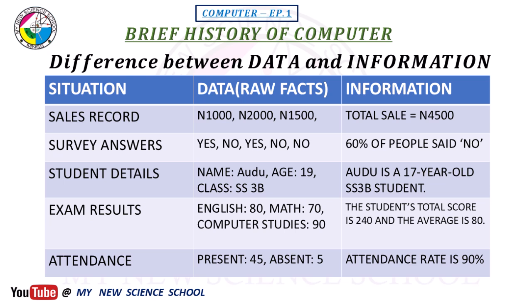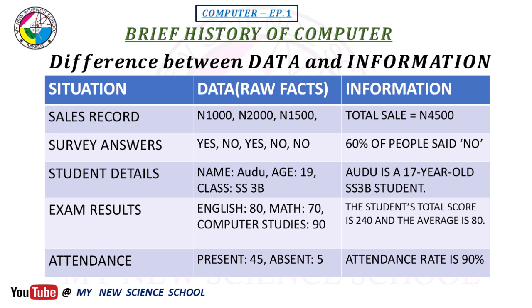Then exam result. For example, a student got English 80, Maths 70, Computer Studies 90. These are pieces of data, while information would be something like the student's total score is 240 and the average is 80.